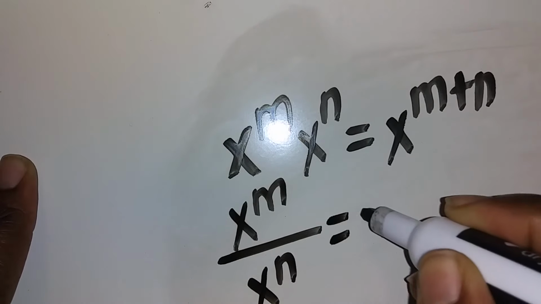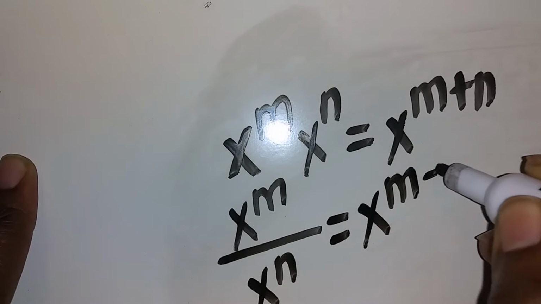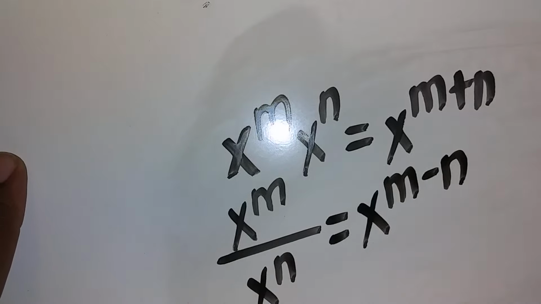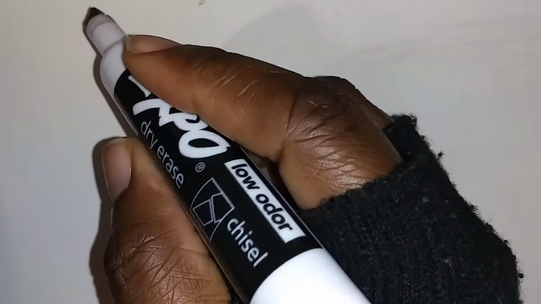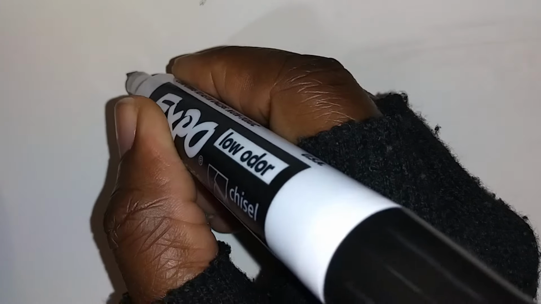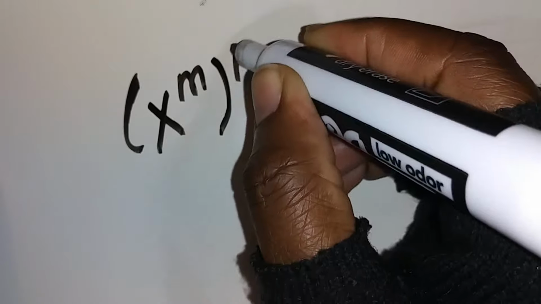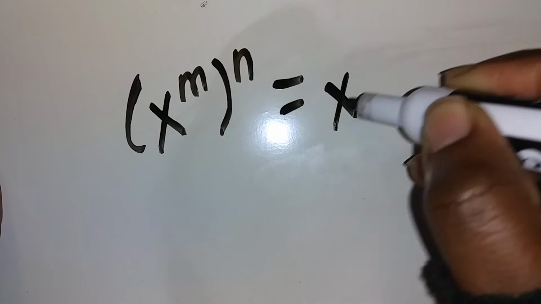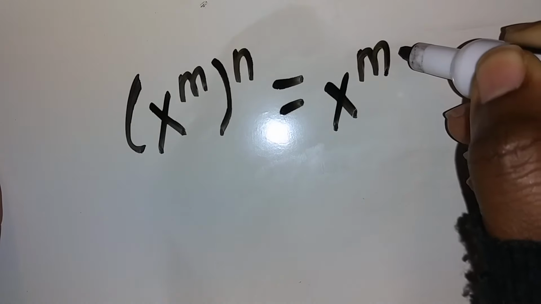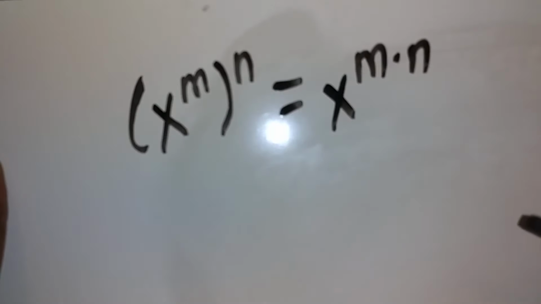When you divide, you subtract the exponents. When you have a power raised to a power, you multiply the powers. So we have x to the m times n.